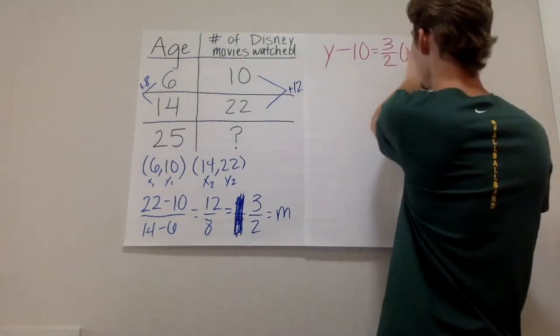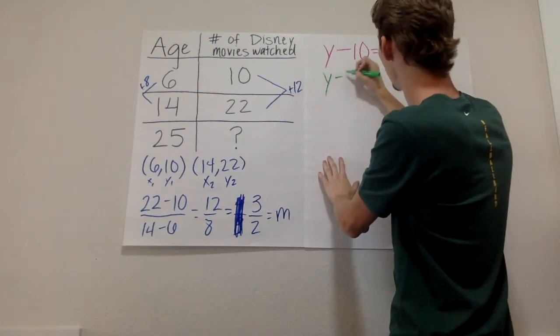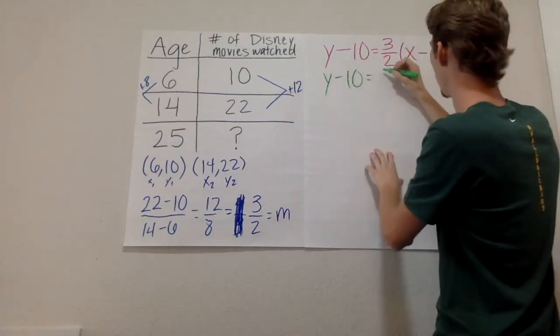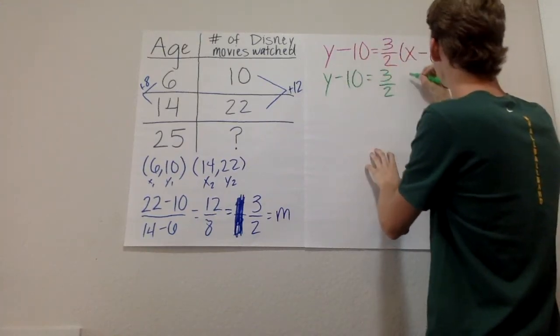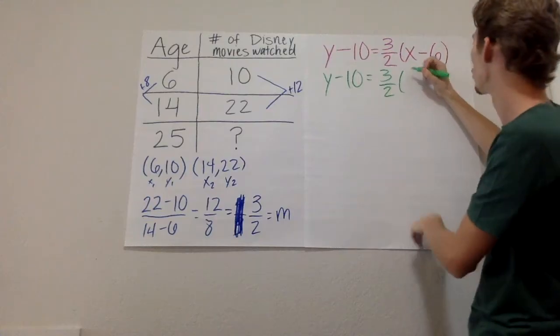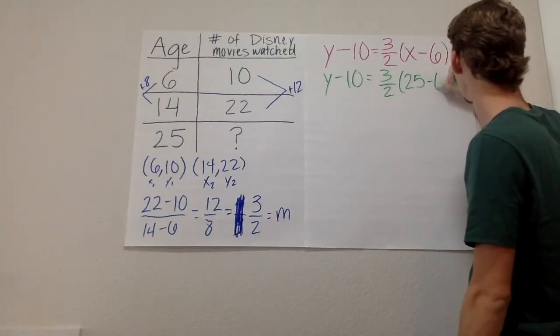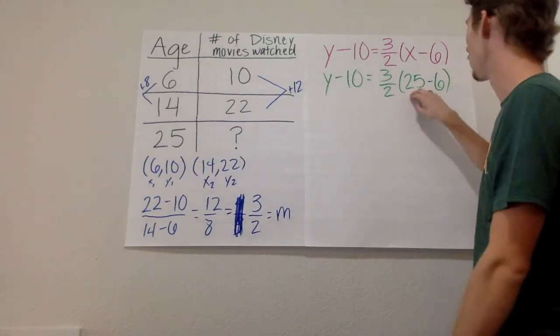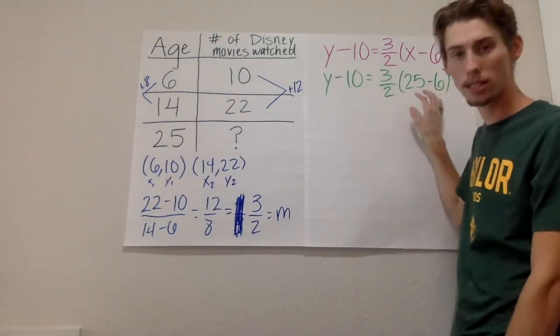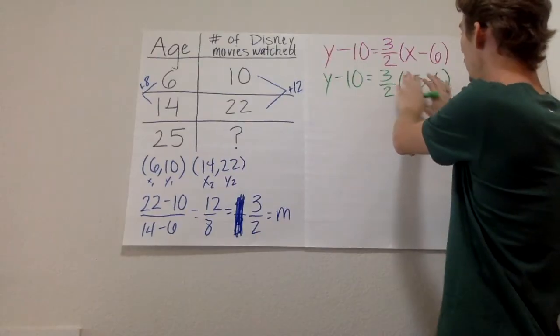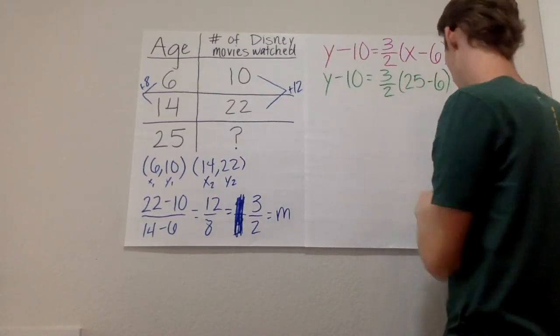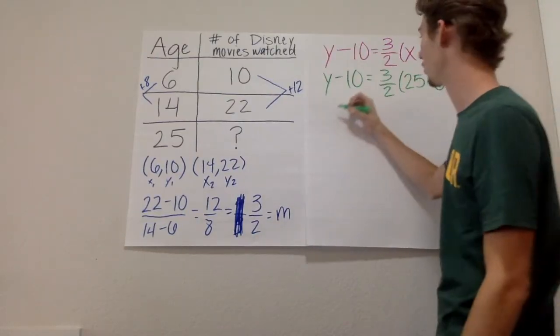So I'm going to plug this in now. That should only replace the x value. So we've got 3 over 2 times 25 minus 6. 25 minus 6 is going to be 19, and then 19 times 3 over 2 is going to give us 57 over 2.